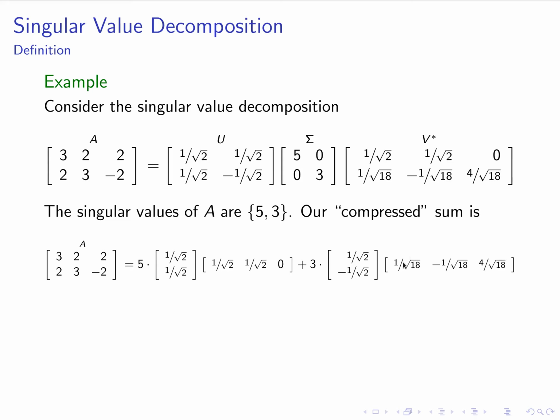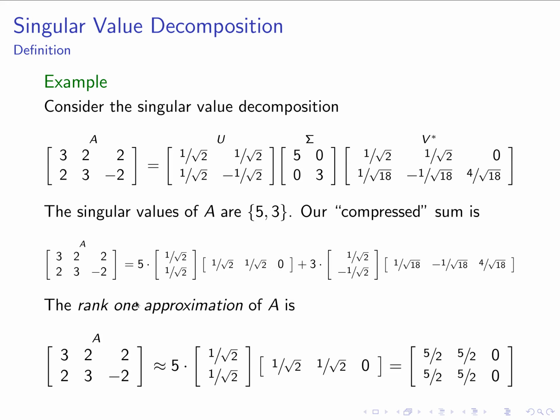And then we multiply by the second row of V conjugate transpose, which is 1 over root 18, negative 1 over root 18, 4 over root 18. So this is the compressed sum that we get when we factor A according to a singular value decomposition. We're expressing A as a linear combination of two expressions where we take a column times a row.